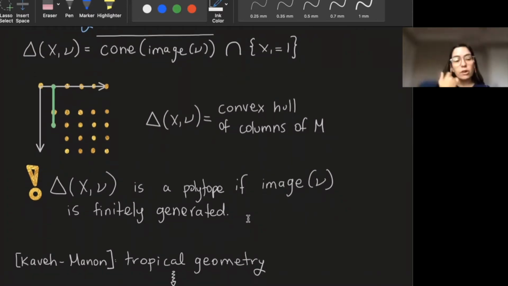Humors and Chris carried out this program. They gave big families of valuations with finitely generated images, and they used tropical geometry to do this.